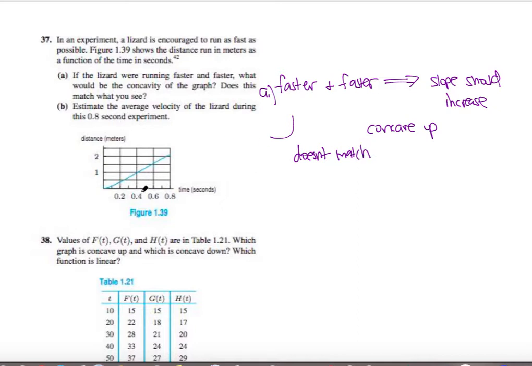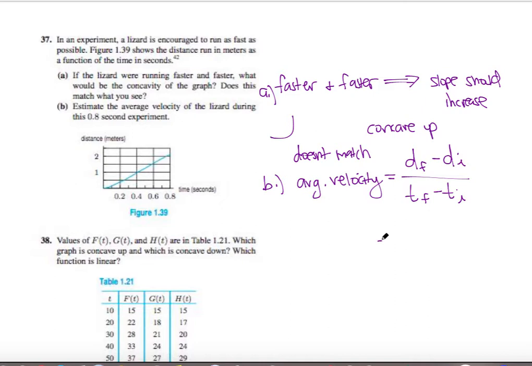For part B, we want to estimate the average velocity during this 8-second experiment. So average velocity is just going to be final distance minus initial distance over the total time that it takes. So I can say that's my time interval, t final minus t initial.